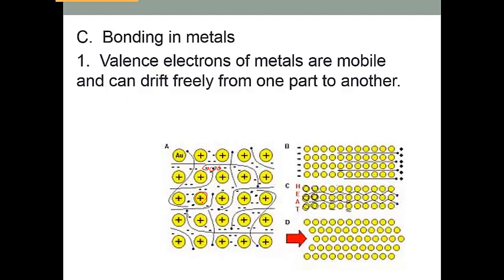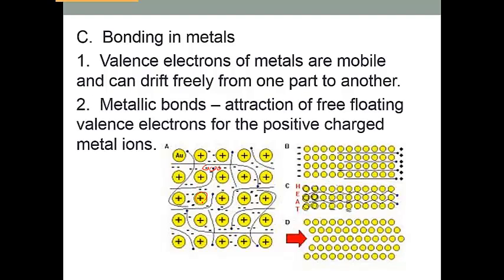So you have all these arrows. These electrons can freely move about anywhere within that metal. And the attraction of those free-floating valence electrons for the positively charged metal is what creates a metallic bond. Those electrons can freely go to whatever positive nucleus they want, and that creates this metallic bonding.